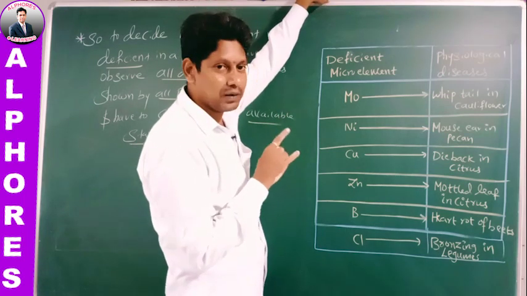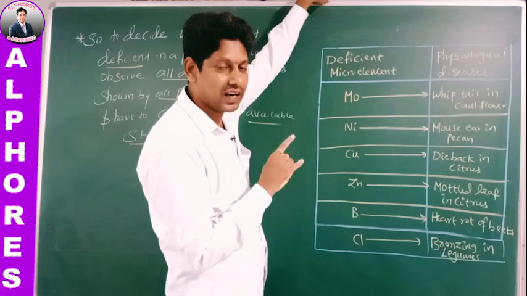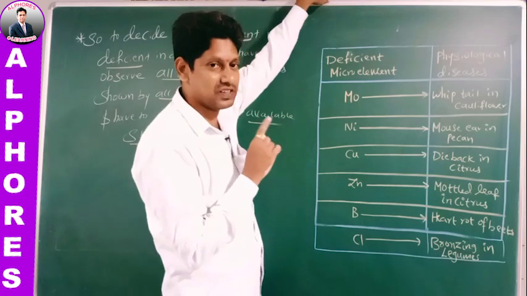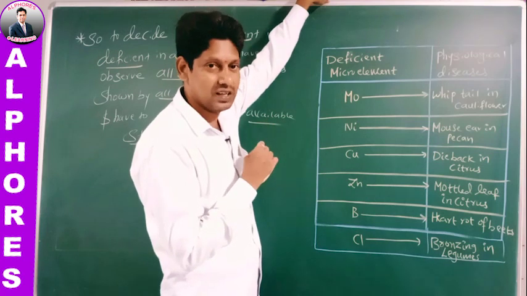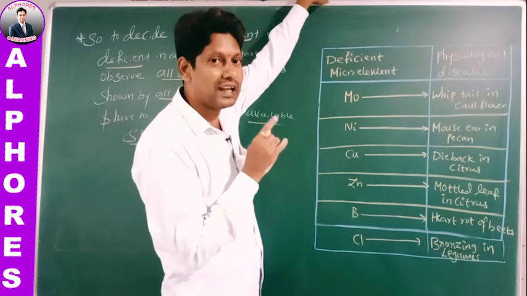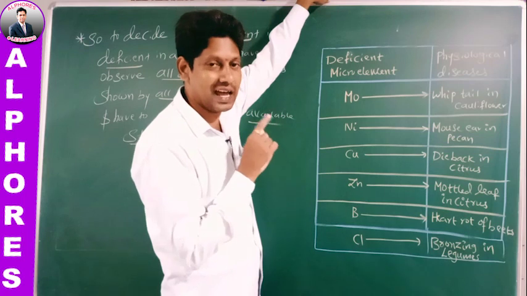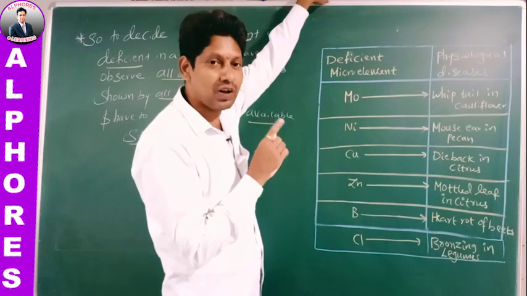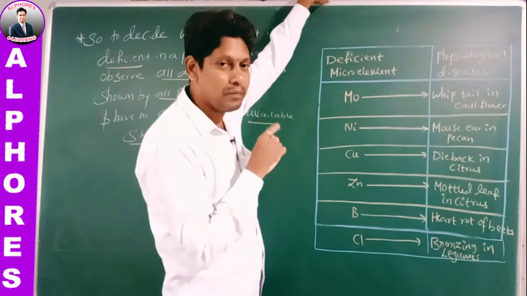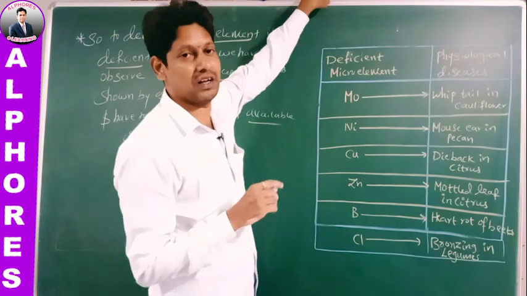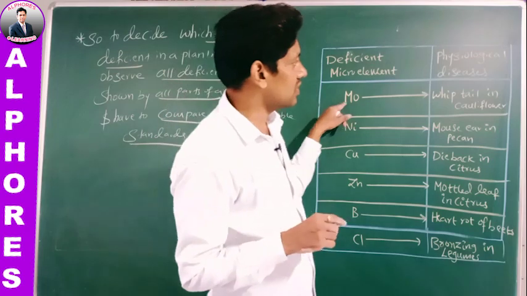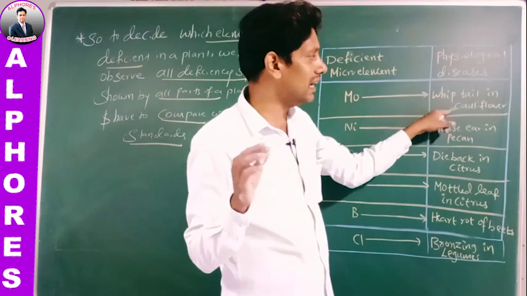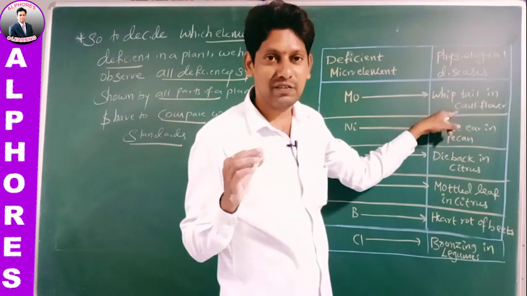Cauliflower is Brassica oleracea variety botrytis, which we read in first year. Compound corymb inflorescence is present in cauliflower, the complete inflorescence is edible, and the peduncle is fleshy. Therefore, if molybdenum is deficient, the plant suffers with whiptail in cauliflower.